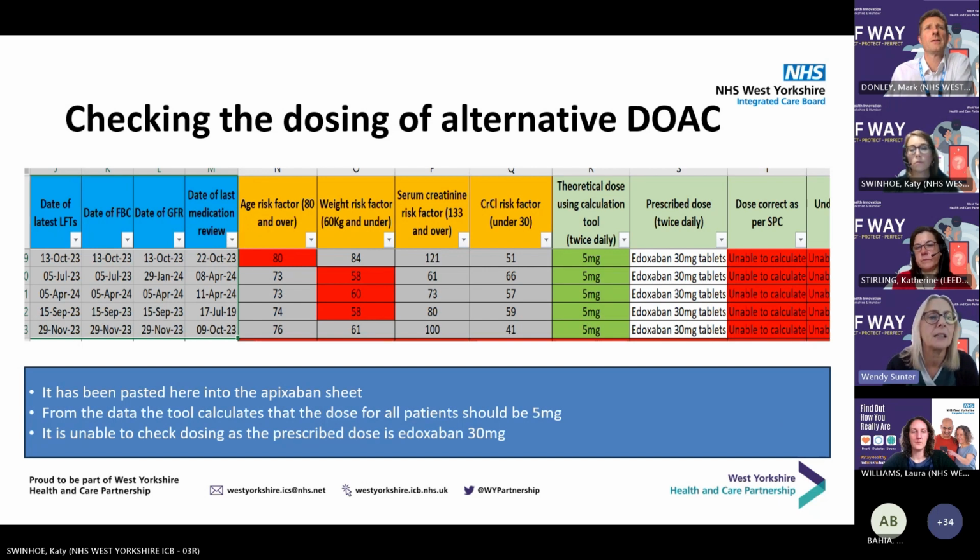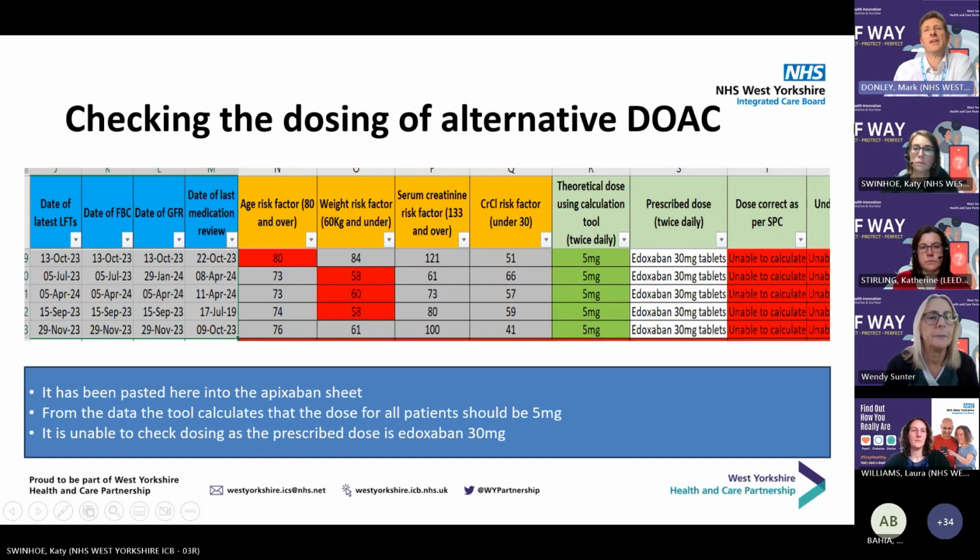Does that make sense? So for example, if you were using apixaban, they might not have a reduced dose because the risk factors might have said to give them 5 milligrams BD, rather than with the edoxaban, it might have reduced to 30 because of the risk factors.